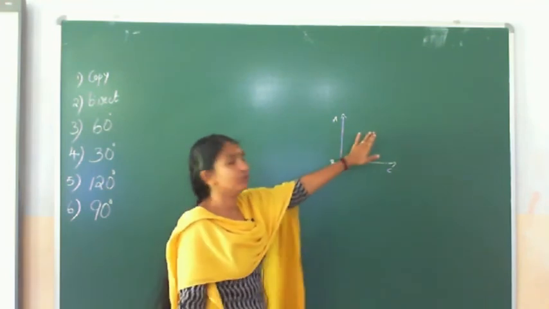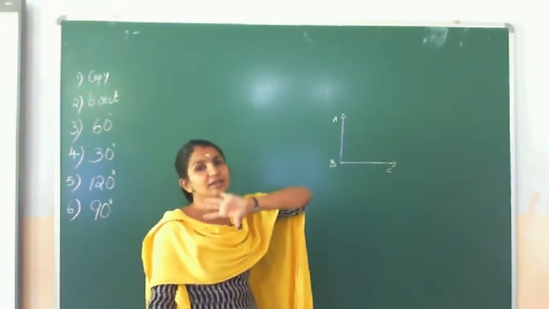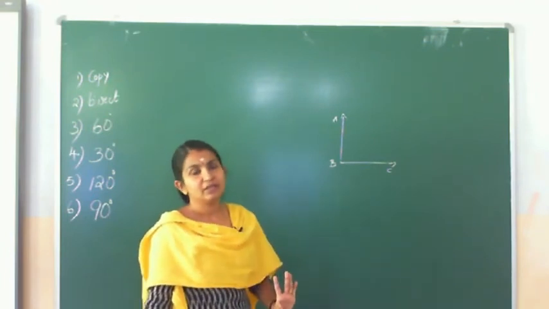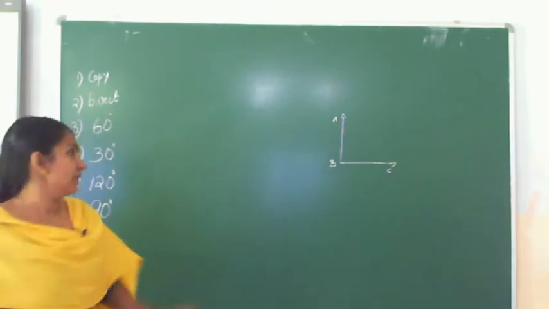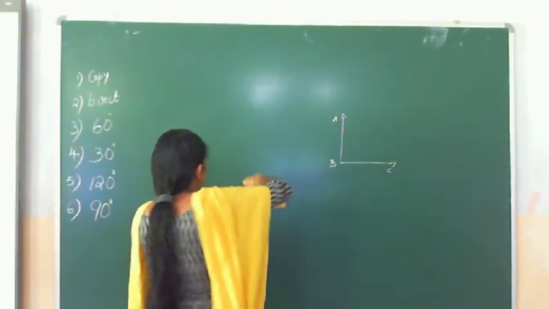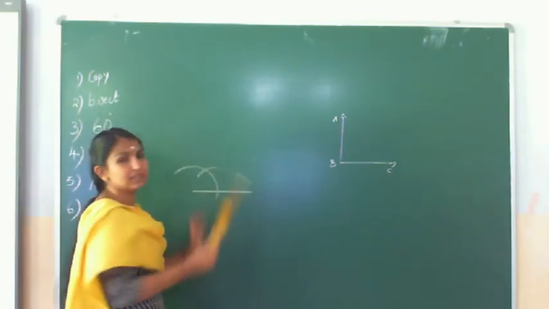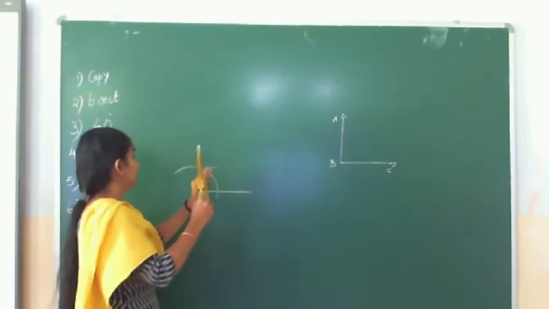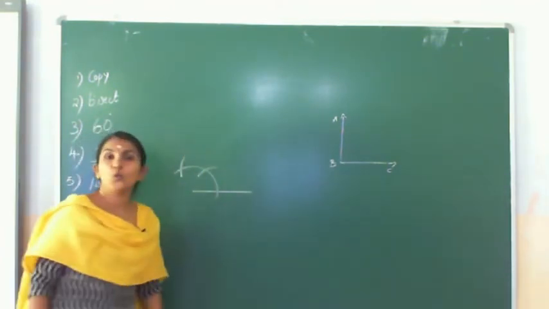So first we want to draw 60 degree. Almost in all cases 60 is needed. So first let us draw a 60 degree angle. So take your scale, compass, arc, cut it 60 degree, again 120.